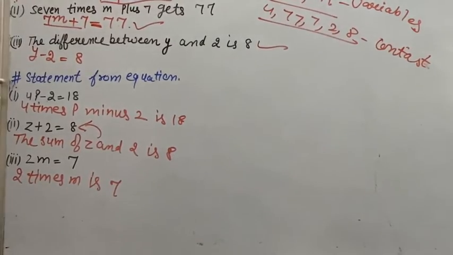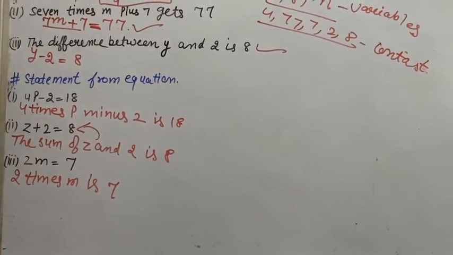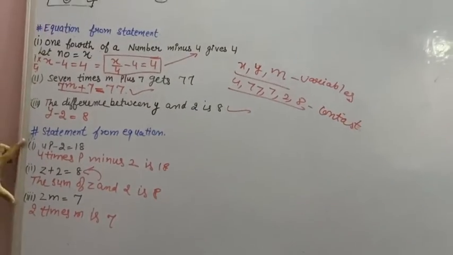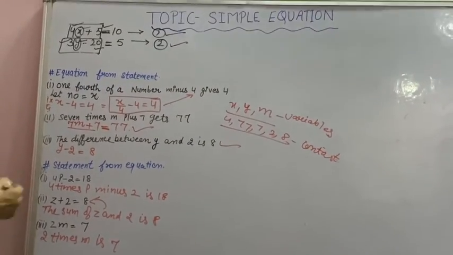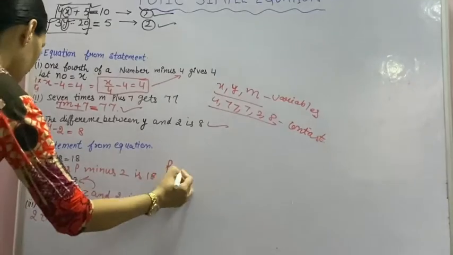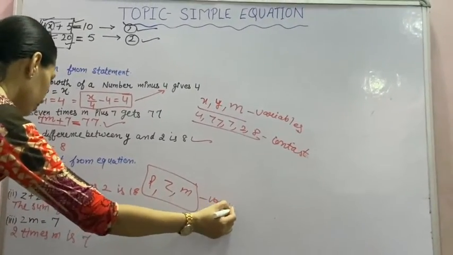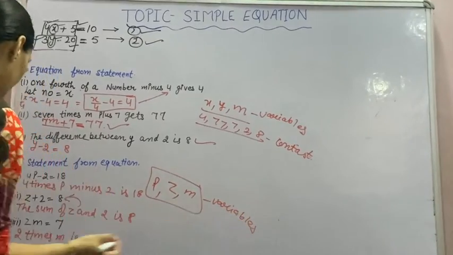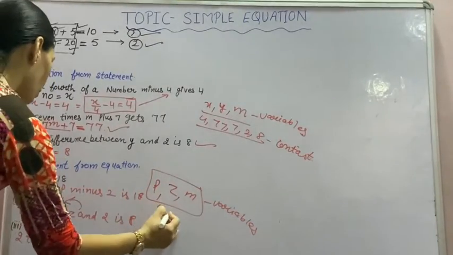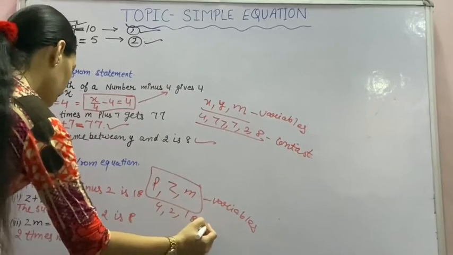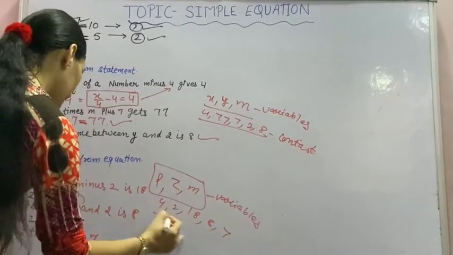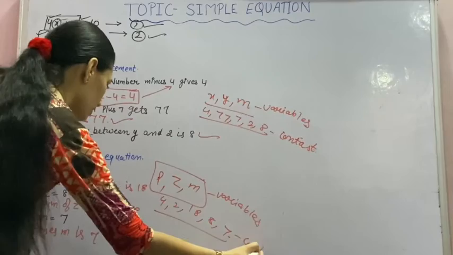In this way, we can write an equation in statement form. In these questions, p, z, m are variables and 4, 2, 18, 8, 7, etc. are constants.